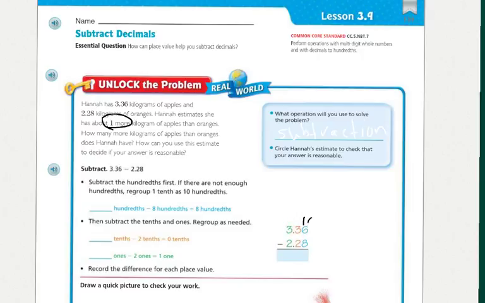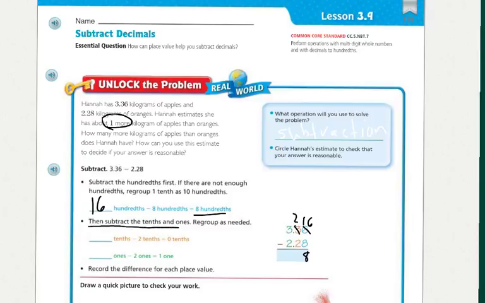Let's make this be 16, and I'm going to make my tenths place be 2, because I'm going to borrow 10 of the hundredths from the one long flat of tenths. So now I have 16 hundredths minus 8 hundredths, which is going to give me 8 hundredths.